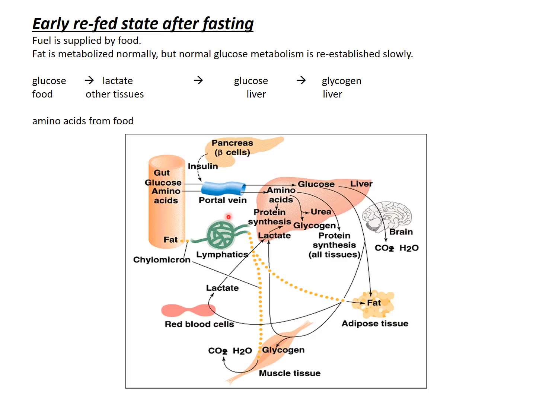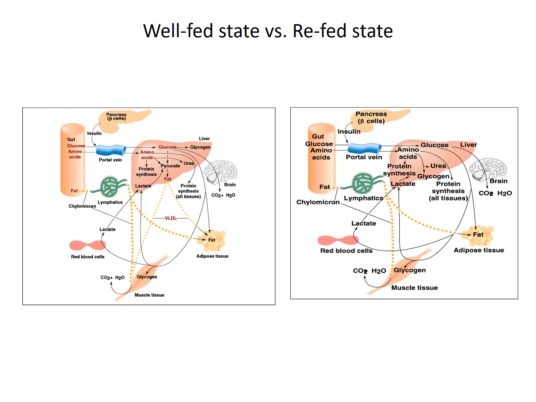However, something is fishy in the liver. What is fishy here? Let's compare and contrast the well-fed state and the refed state. So same things are coming in, insulin is released, same things are coming in. We are feeding every cell, happy, happy, happy.